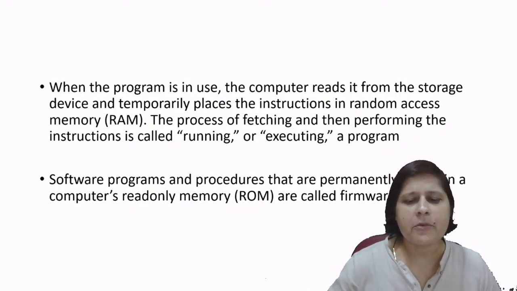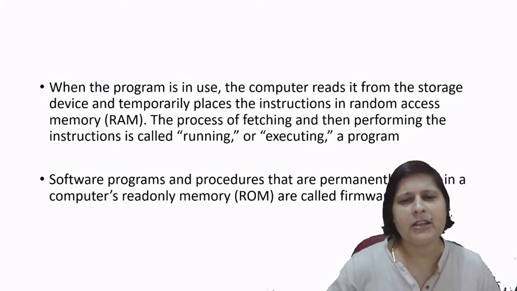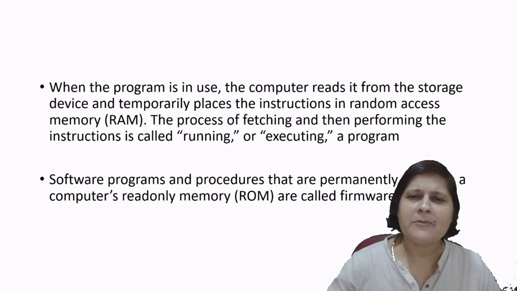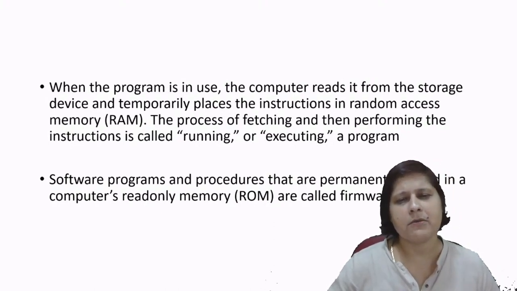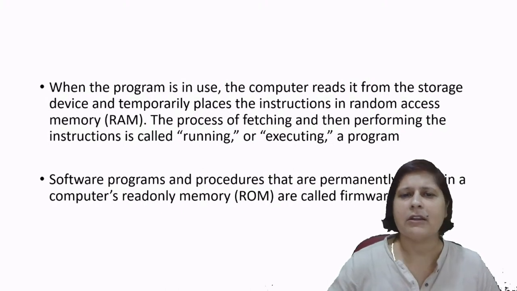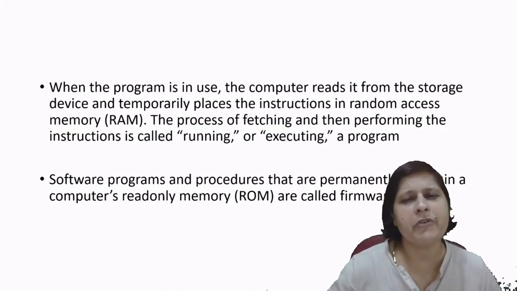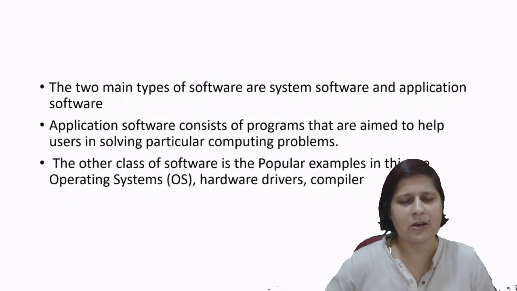But there are certain programs or procedures that are permanently stored in the computer's read-only memory, that is in the ROM, and those programs are known as firmware. Firmware: programs permanently stored in the read-only memory, right?